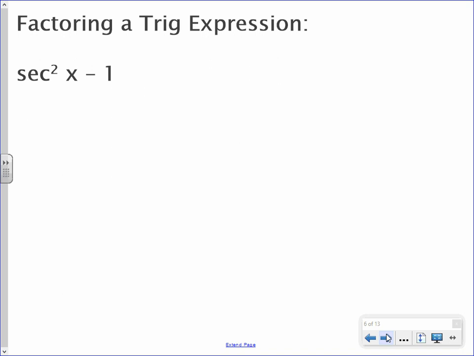Thoughts on factoring this one? What pattern is this following? Okay, this is a difference of squares. If it helps you, you can write it as s squared minus 1. Well that factors to s plus 1 times s minus 1. I can see that, right?